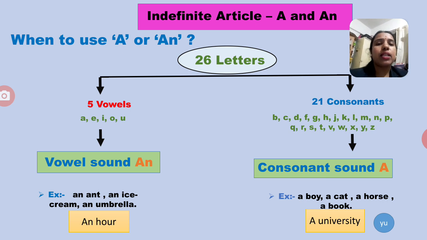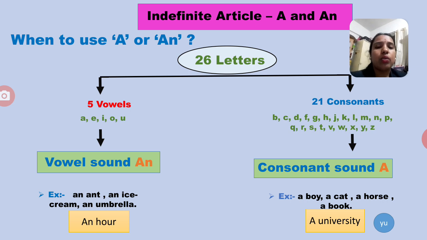So the 5 vowels are A, E, I, O, U and the 21 consonants are B, C, D, whatever is left. Okay, B, C, D, F, G, H, J, K, L, M, N, P, Q, R, S, T, V, W, X, Y, Z. These are what? Consonants.